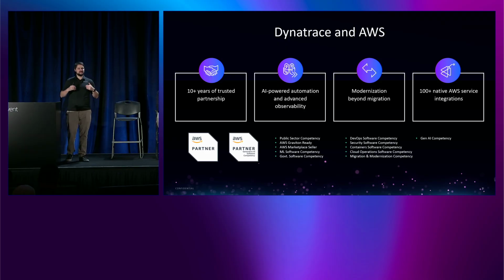But again, ensuring that we are mapping and managing against the standards, against how AWS are setting those, to ensure that not only are we doing things in the right way, but we're also doing things effectively and efficiently with AWS's own services, both from a perspective of utilizing it within Dynatrace, but also how we're providing visibility of AWS's services for our customers as well.